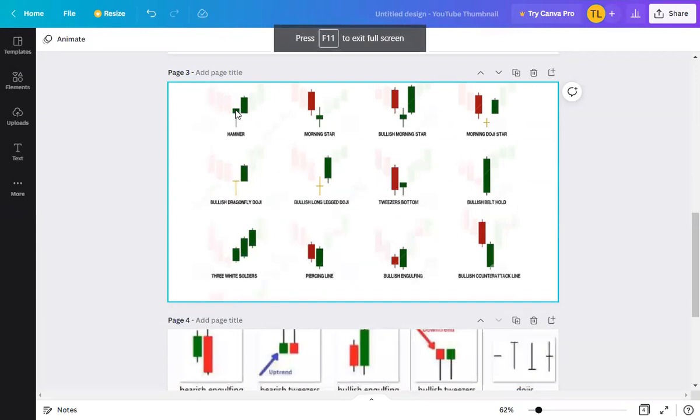After the hammer formed, the next candlestick that formed after it closed was another strong bullish candle. Having these two candles as a double candlestick pattern gives you a stronger bullish signal, meaning that the bulls have entered the market. Having the idea of just the single candlestick pattern alone, after you have seen this single candlestick form, your mindset is already telling you that the bulls have entered the market.